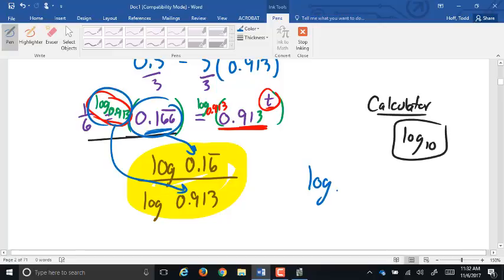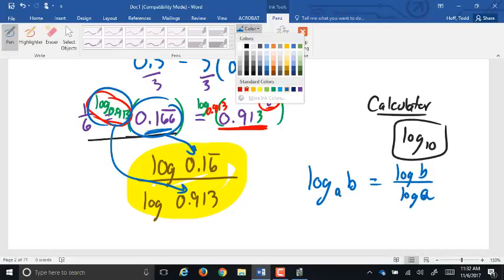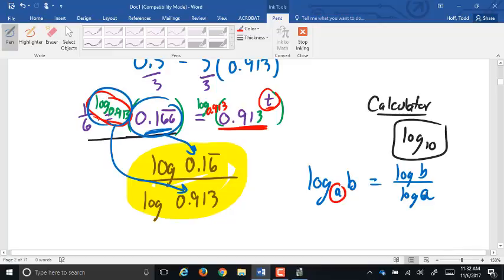So if we have log base a of b, that's log of b divided by log of a. So here, a is the 0.913. It's the base of the log. So that's why that goes on bottom. And b is the number that we're taking the log of. That goes on top.